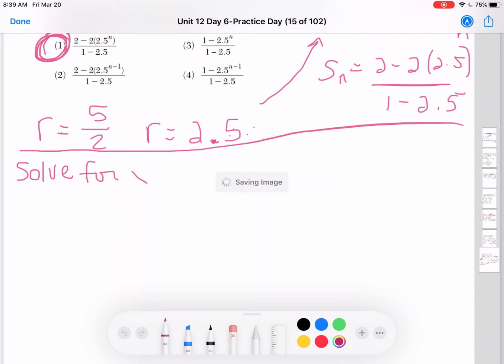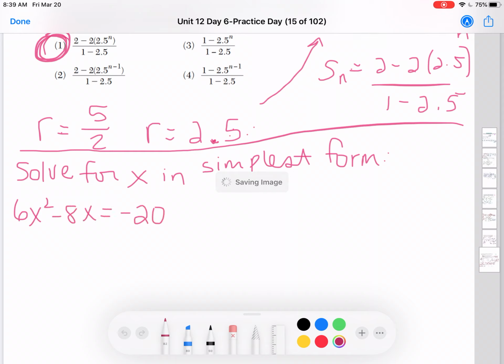All right, solve for x in simplest form. Okay, so this is just an old review question that I'm going to put on this test. Solve for x in simplest form.